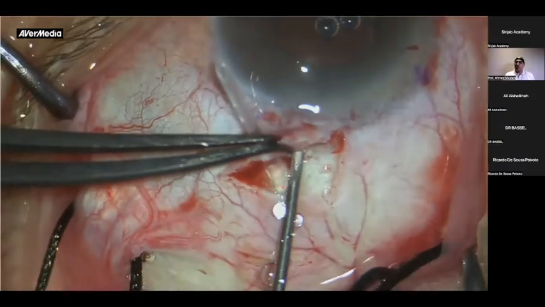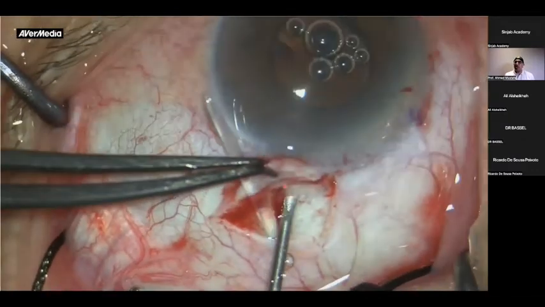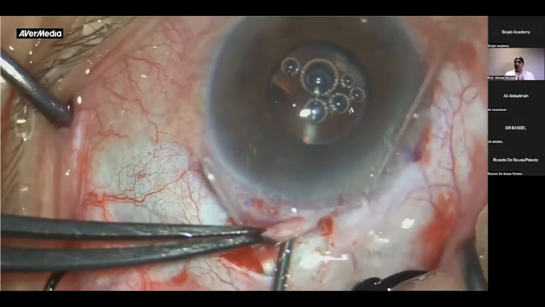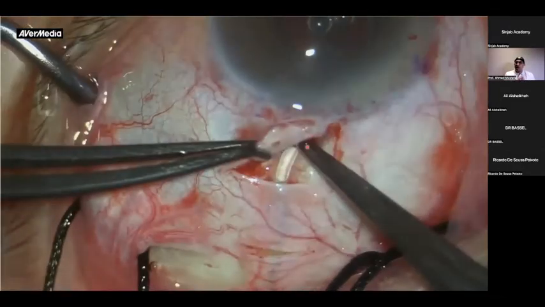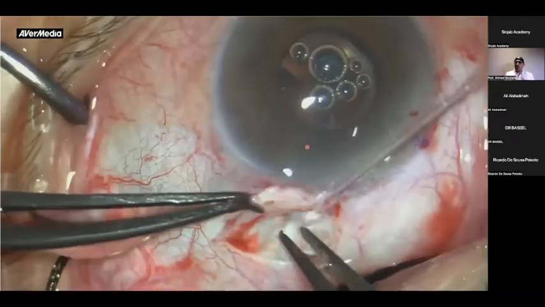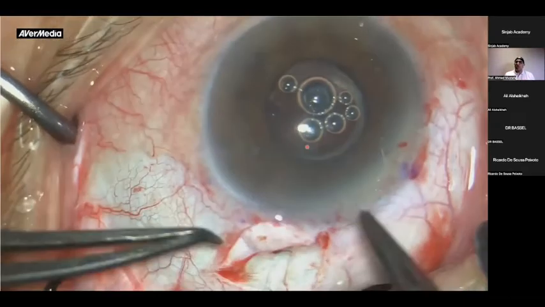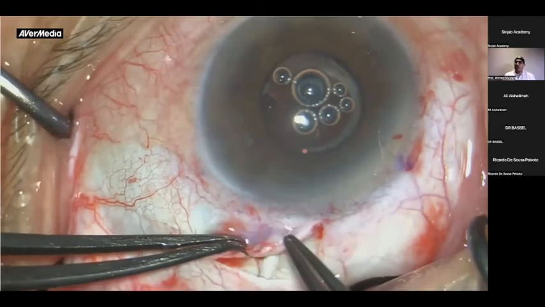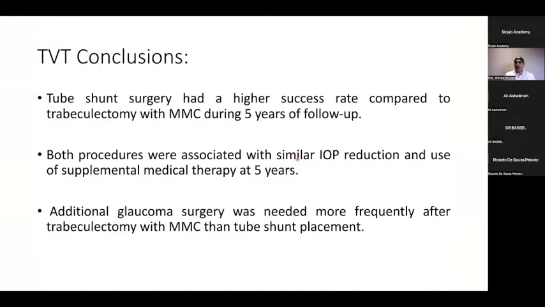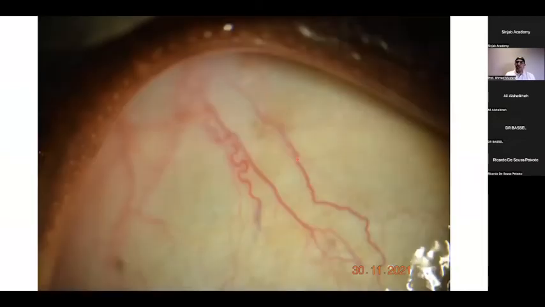You use a 23 gauge needle, and you go straight behind the iris, between the iris and the capsule. Once you create this tunnel, you need to be as fast as you can, because the tunnel tends to close. Now the tube, I like this position very well, being very far from the cornea. That was again the conclusion of the TVT study.